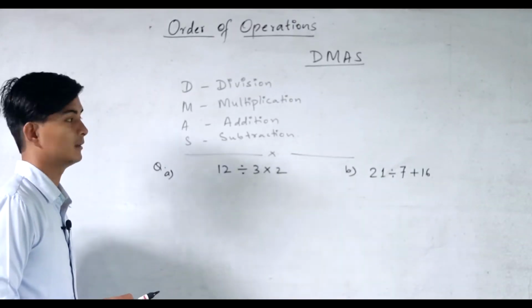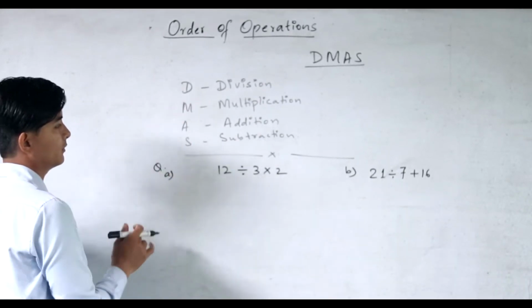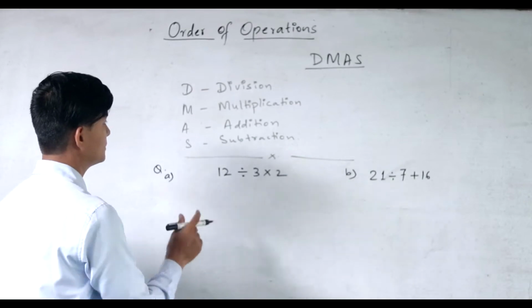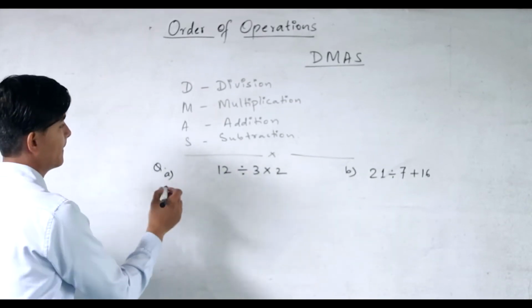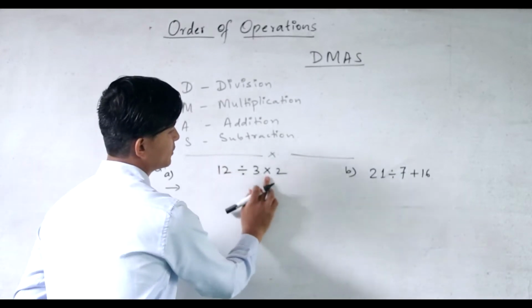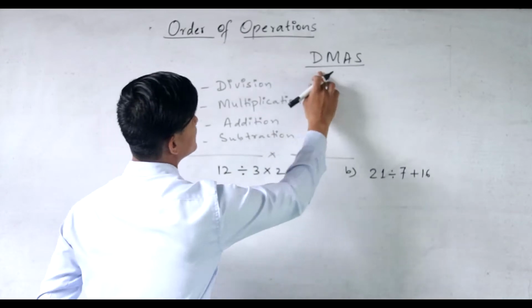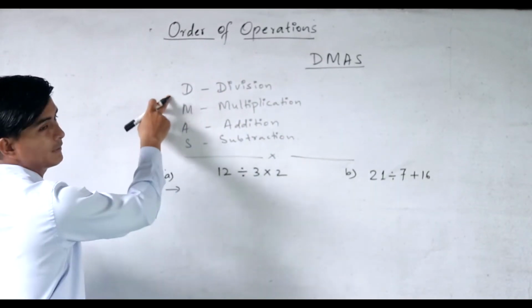Okay, I have written two questions over here to help you understand DMAS. So first we'll do this one. Here we have division as well as multiplication, right? So if we see this DMAS, what we have got here is division.